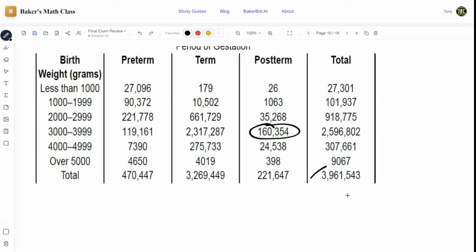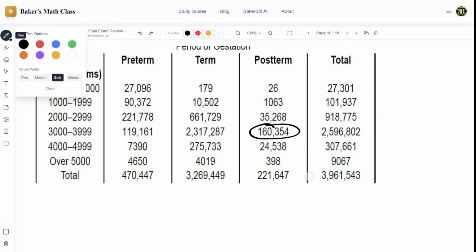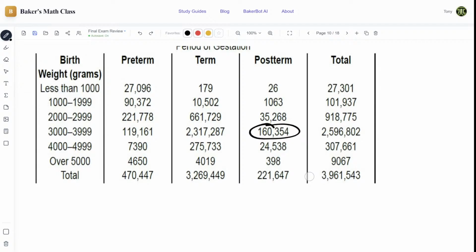We're still using that same number right there, but we're saying given that they're post-term, so we're dividing it by the 221,000 this time. Since we're given that as post-term, we're using that total.